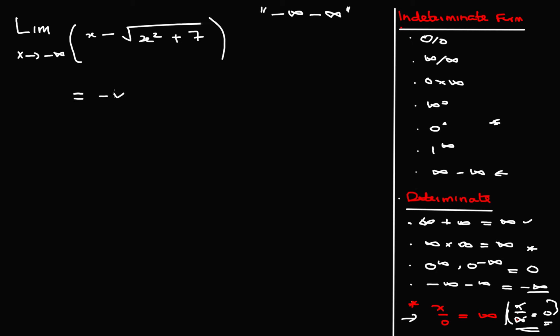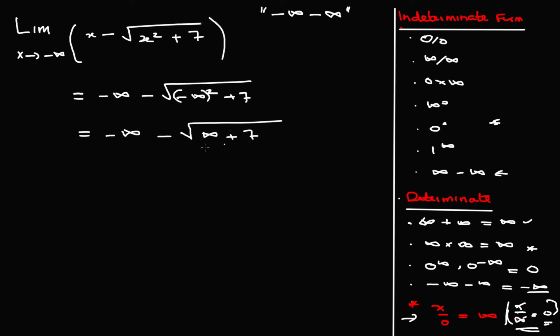We can say this one will be negative infinity minus the square root of negative infinity squared, like that actually, then plus 7. So this one will be negative infinity minus, this becomes positive infinity plus 7. It's very important to show steps. So here we have square root of infinity.